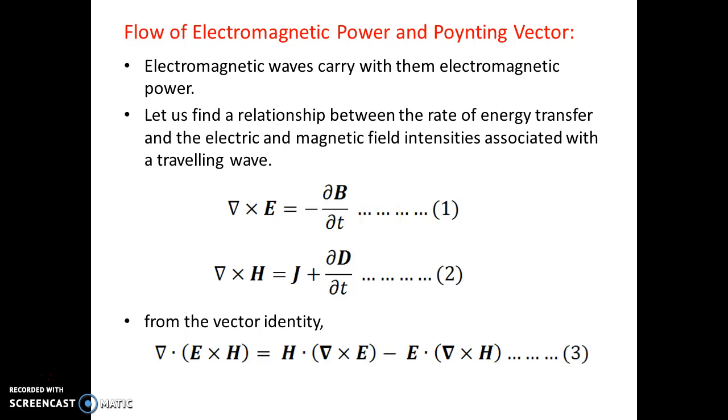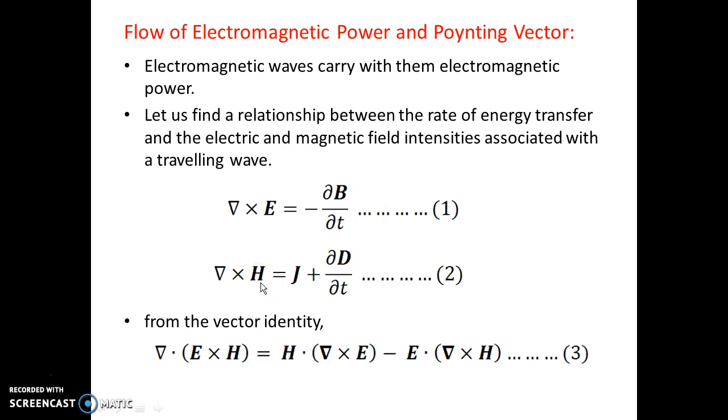Let us find out the detailed derivation of the Poynting theorem. As I stated, electromagnetic waves carry with them electromagnetic power. To prove this, we take Maxwell's equations. The first is del cross E bar equal to minus dou B bar by dou t.